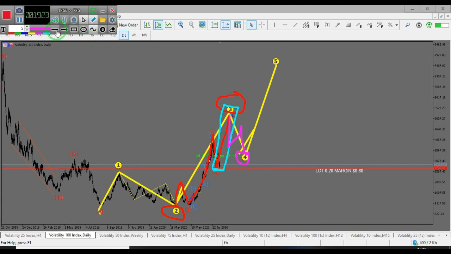And from wave 4 here, we're going to have another 5 waves, like 1, 2, 3, 4, 5 to complete our wave 5.